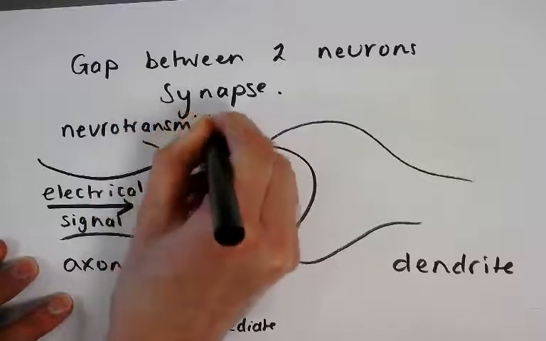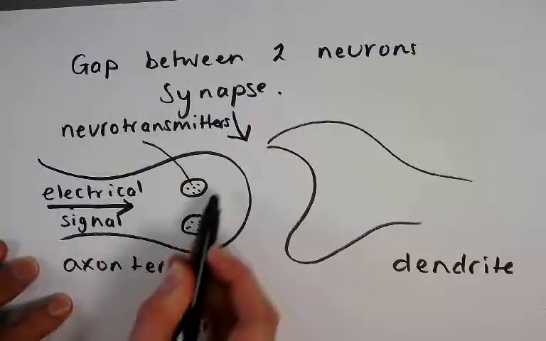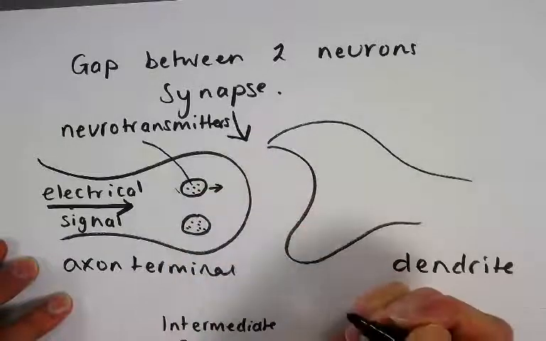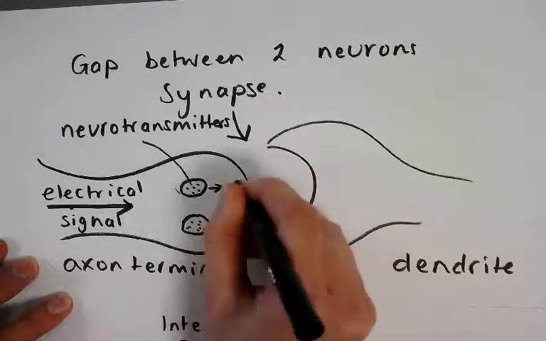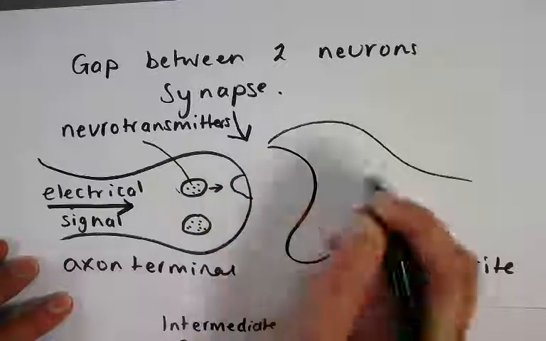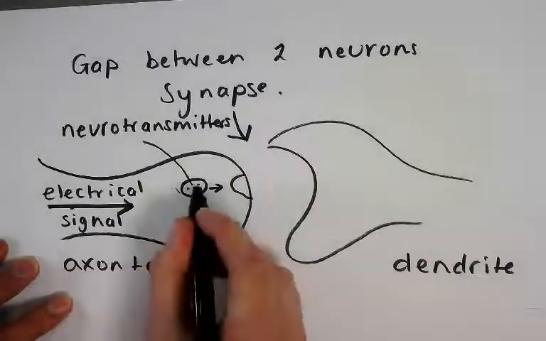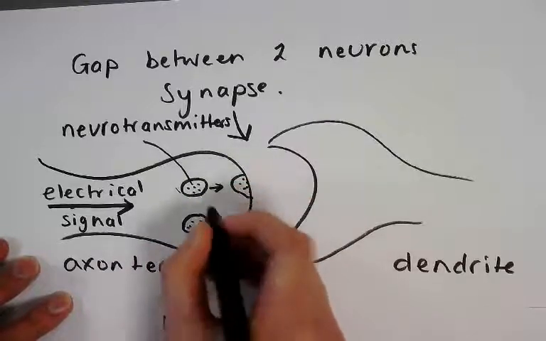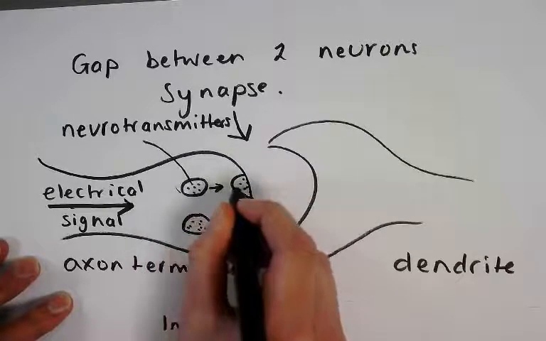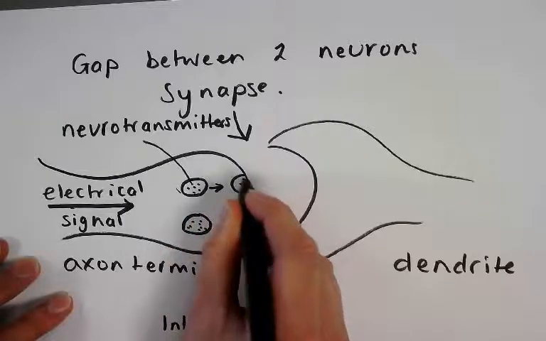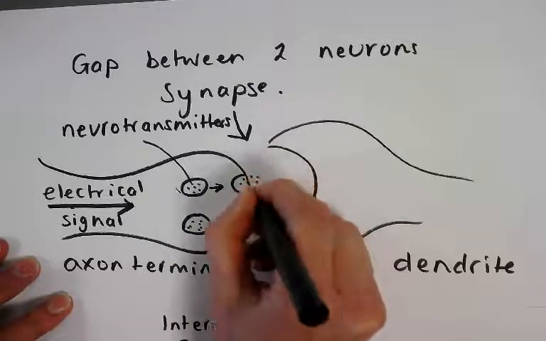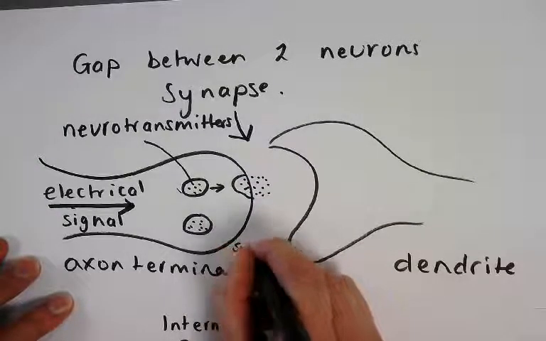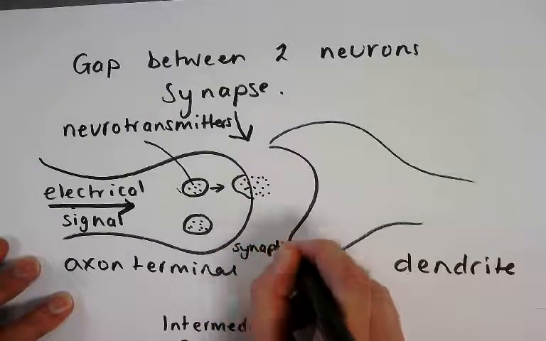So as the electrical signal arrives in the axon terminal, it causes these vesicles to move towards the cell membrane, and then they will release their neurotransmitter. So this physically moves along here, it fuses with the membrane, and then it's going to release the neurotransmitter into this gap here, which can be called the synaptic cleft.